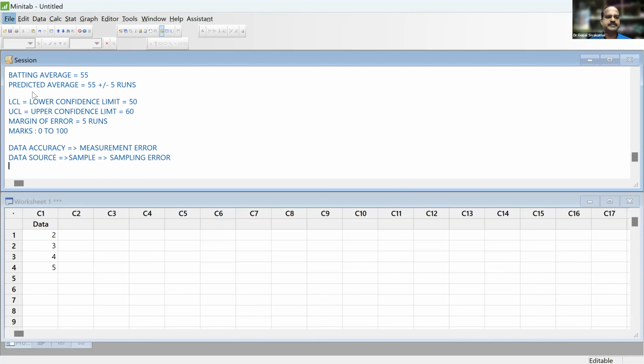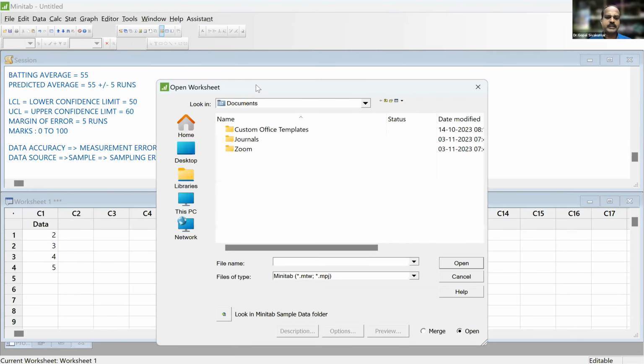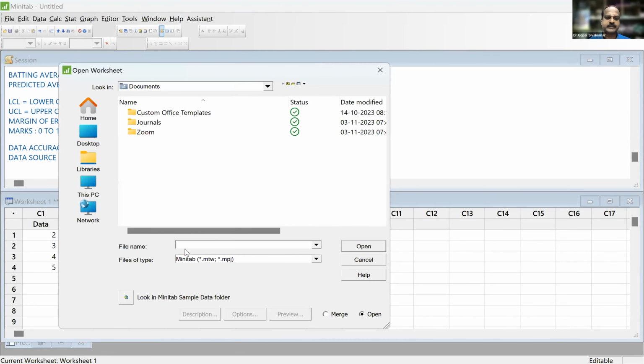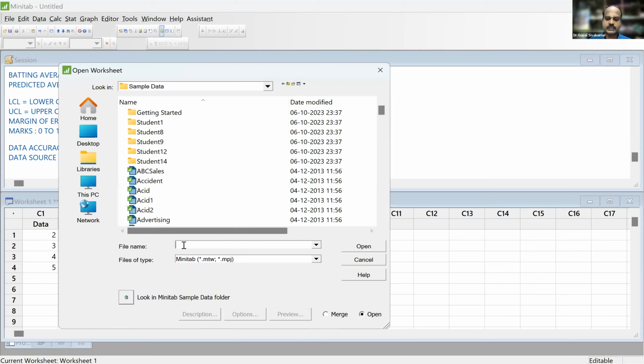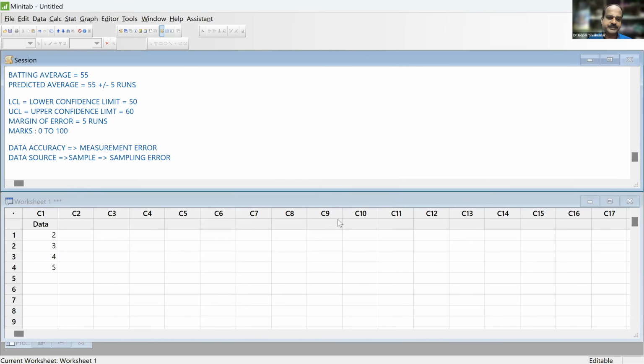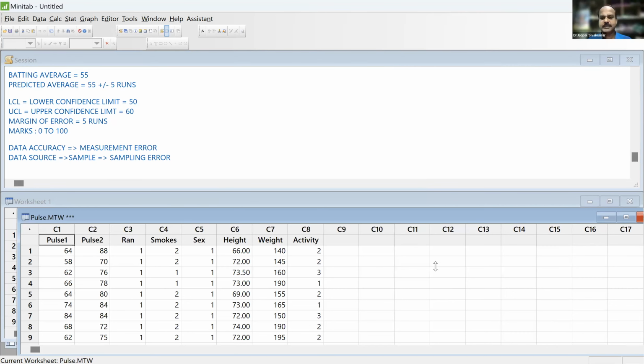Go to File, Open Worksheet, and there is the sample data folder. I just click this, and now something known as pulse. You can now see pulse.mtw. Pulse data is available. I just open it, give OK. Can you see some data coming here?